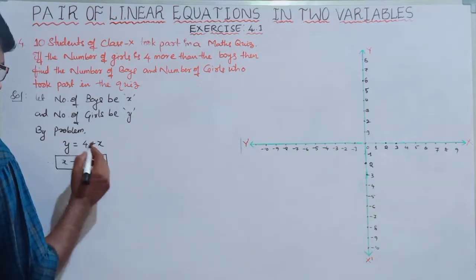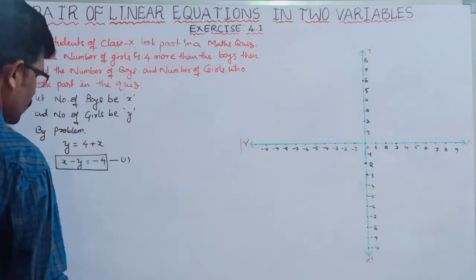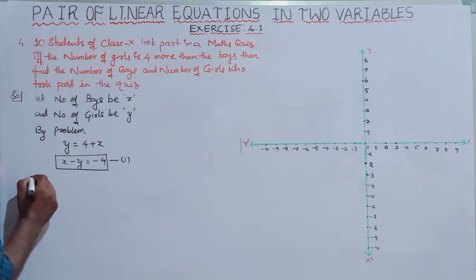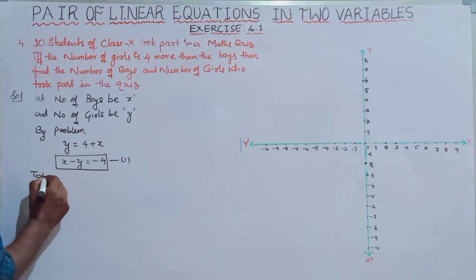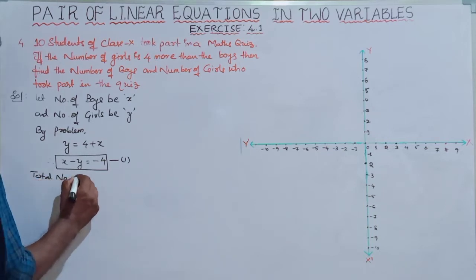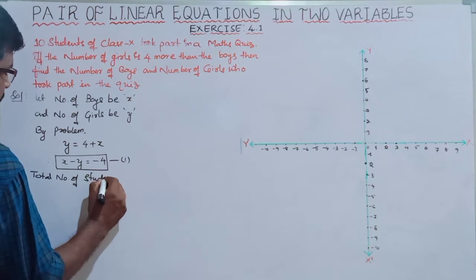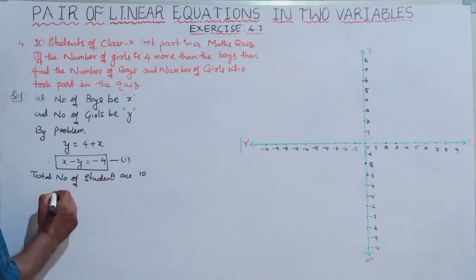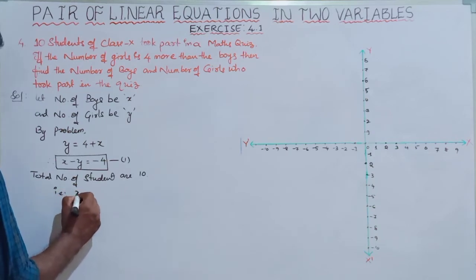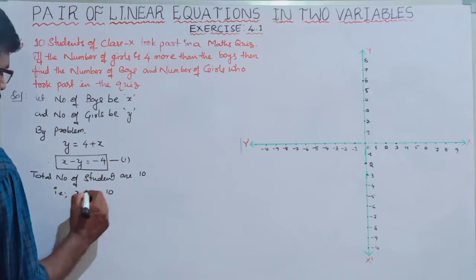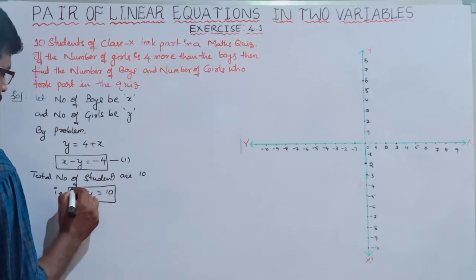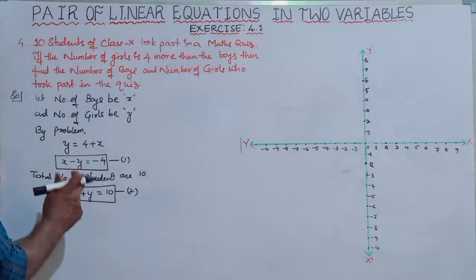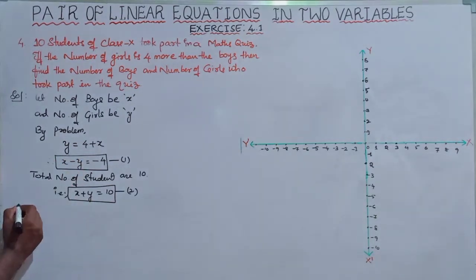This is equation 1. Here the total number of students is 10, that is x plus y equals 10. Equation 2. These two equations we solve by the graphical method.